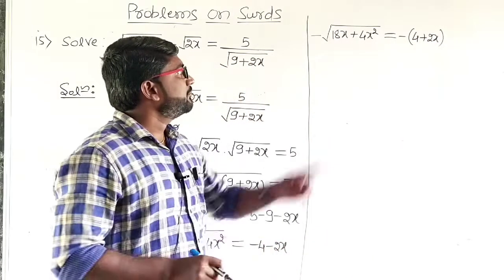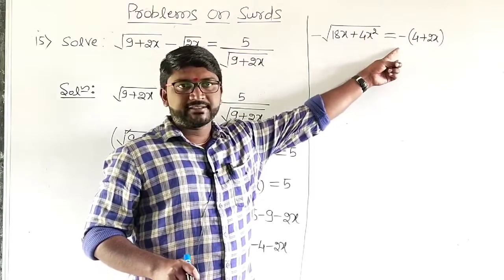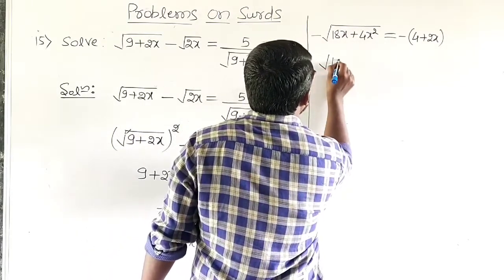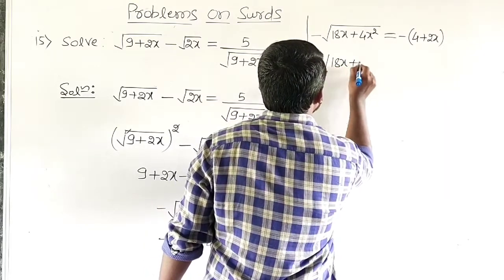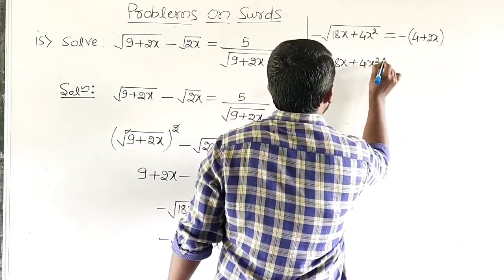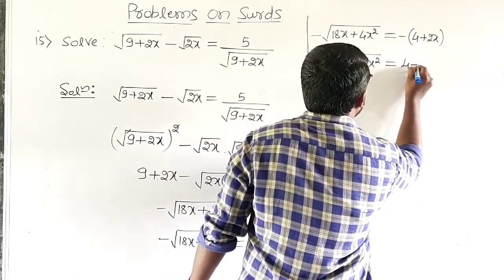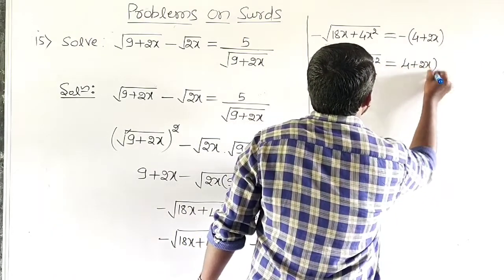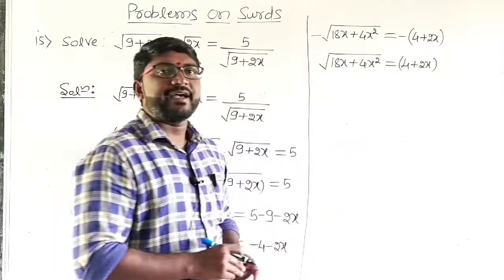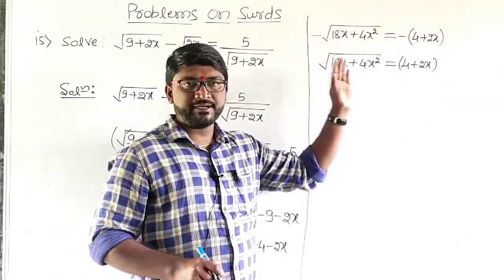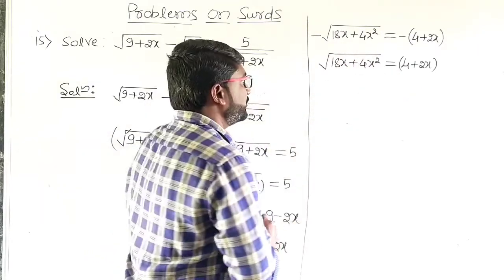So now minus and minus get cancelled, and then write the remaining term 18x plus 4x square which is equal to 4 plus 2x. So now we have to square on both the sides. We have to eliminate this square root now. So for that we have to square on both the sides.